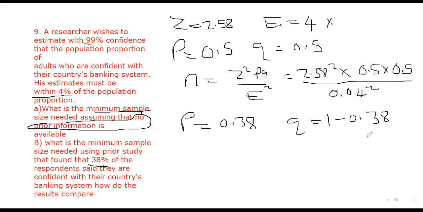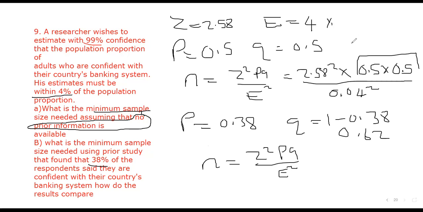So in this case, 0.62 is our Q. To find our N, Z squared PQ over E squared. Our Z is the same from 99%, 2.58. What changes here is simply 0.38 and 0.62. So we end here.